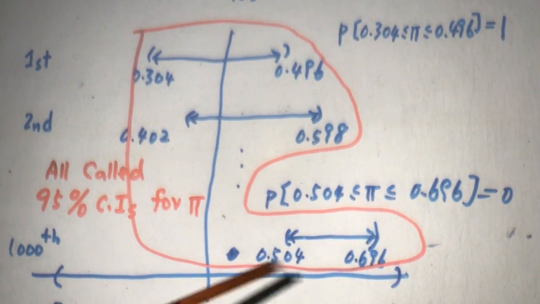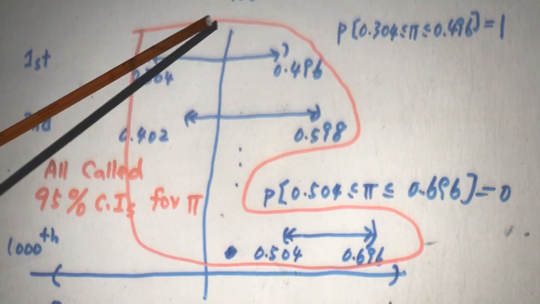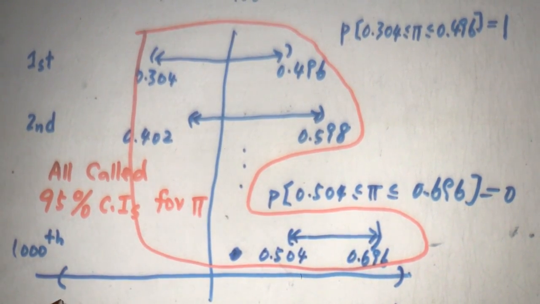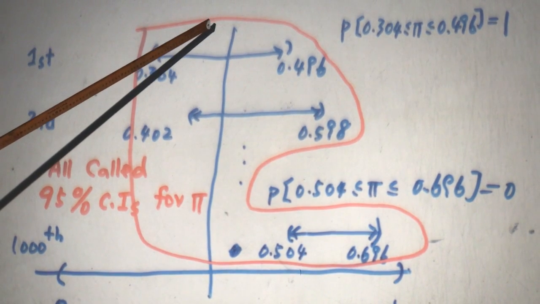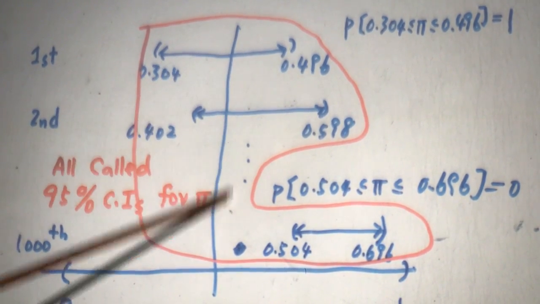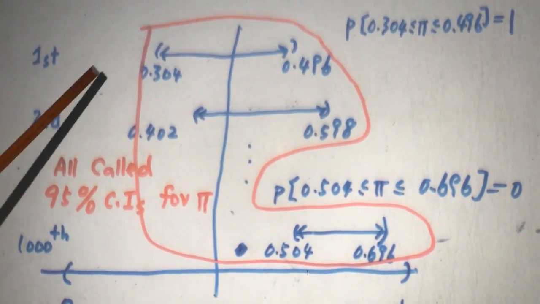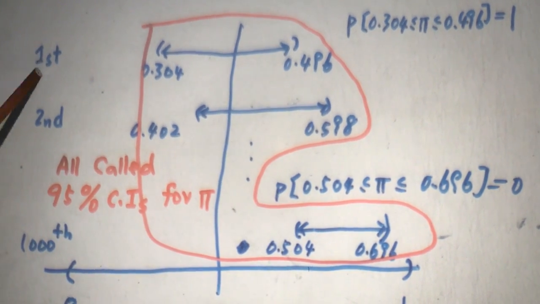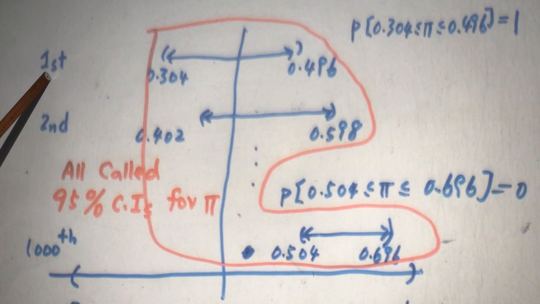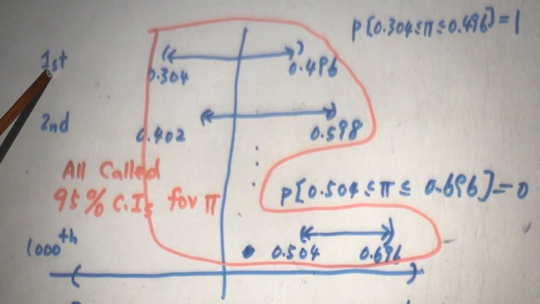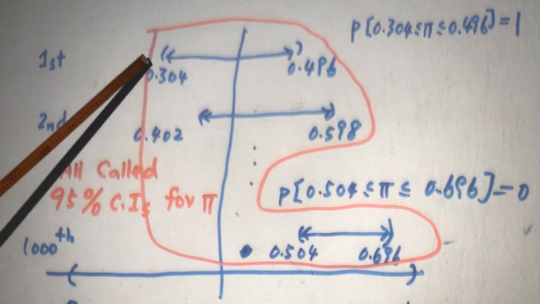From 0 to 1, pi is somewhere between 0 and 1. Suppose, for easy demonstration, pi is here. Is that okay? For the first experiment, I see 40 heads. So n is 100, X bar is 40%. I plug in the formula.